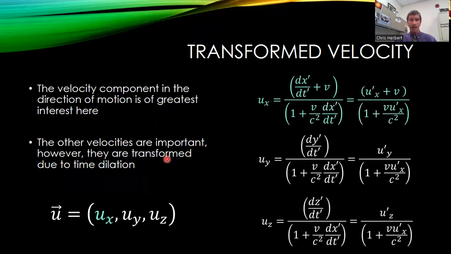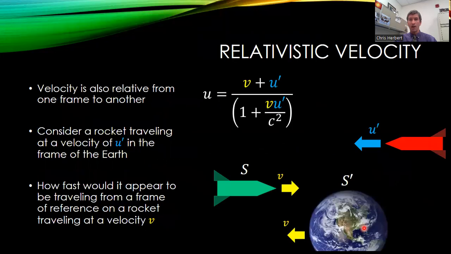So again, if we think about our u vector as having a component in the x direction, a component in the y direction, a component in the z direction, when I undergo this transformation, u prime will be ux prime, uy prime, uz prime, and it will follow these three equations right here. So let's do a practical application right here. I'm going to ignore my y and my z direction right here. So it's sort of like one-dimensional motion that we're undergoing.